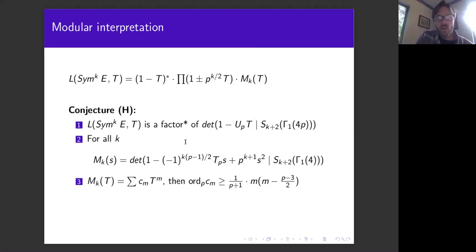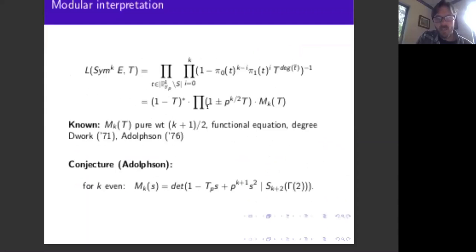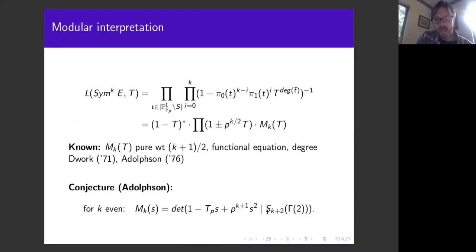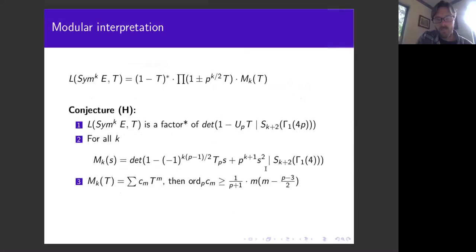And then 2, he was not using the right group. He was using gamma 2, which has no odd cusp forms. But if you go to gamma 1, 4, then you should have that mk of s is equal to this Hecke polynomial. It's a bit kind of crazy looking, but it has the same flavor as before, acting on these cusp forms here.